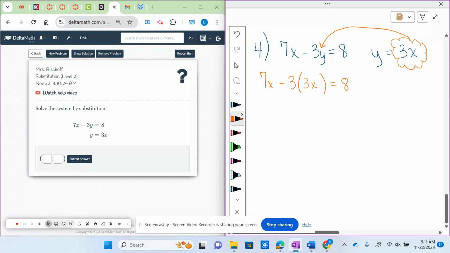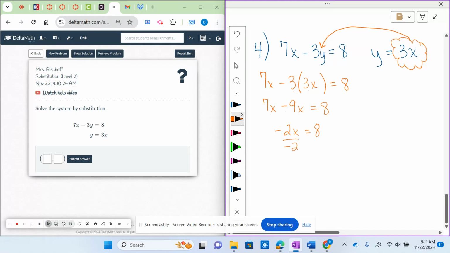So now we have to do a little bit of multiplying before we simplify this. 7x. What is -3 times 3? -9x. We're multiplying. Equals 8. What is 7 minus 9? -2. Good job. So -2x equals 8.